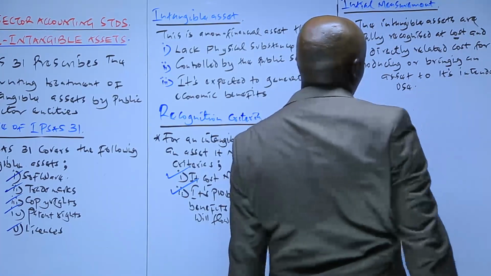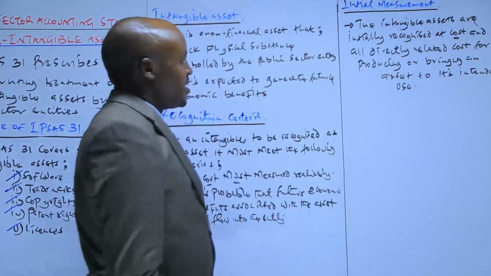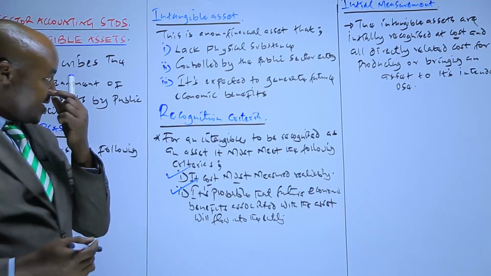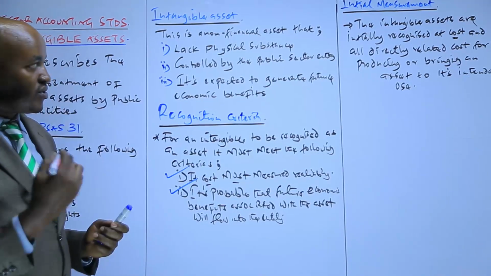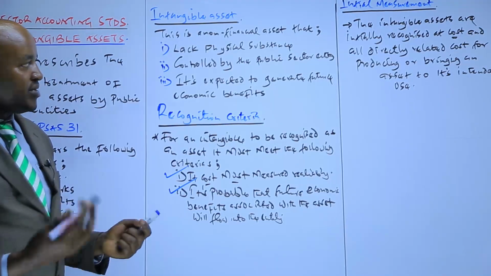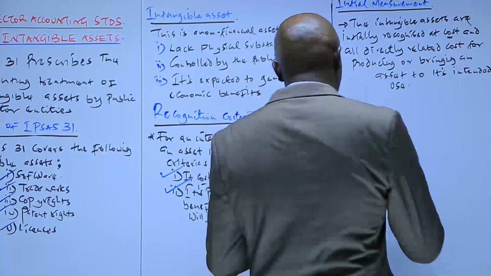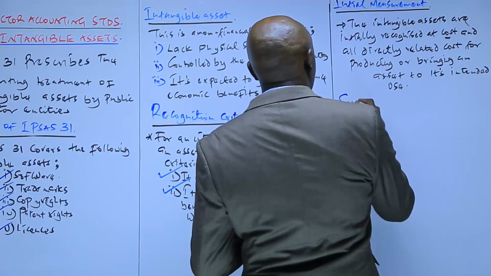So all intangible assets should initially be recognized at that particular cost plus any other direct cost related to producing or bringing the asset to its intended use. Then from there we can look at the subsequent measurement.